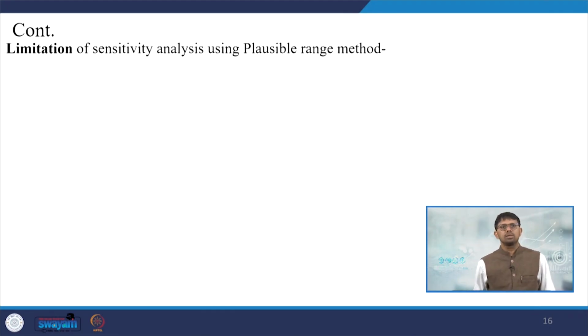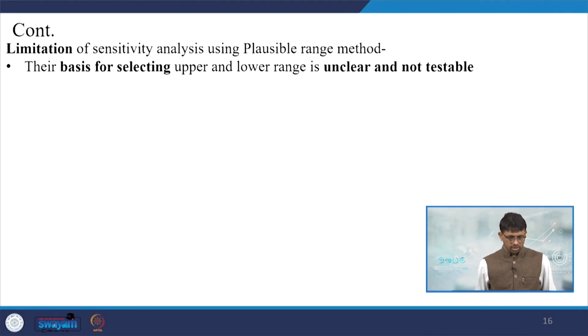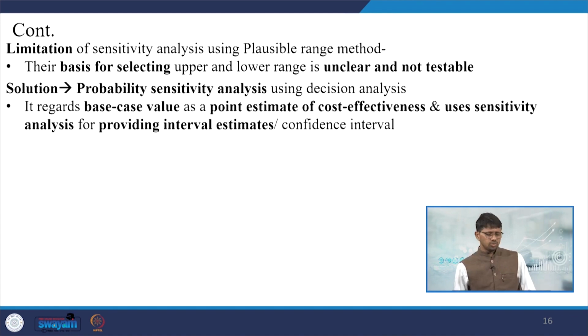The limitations of sensitivity analysis using plausible range methods are that the basis for selecting upper and lower ranges is unclear and not testable. To solve this, probabilistic sensitivity analysis using decision analysis is required.